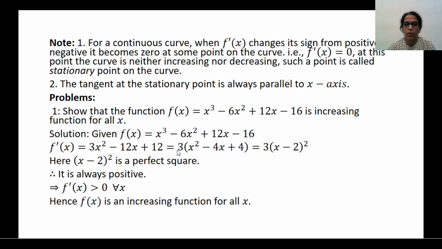Further simplify this, you can take 3 common, x square minus 4x plus 4. Now the terms inside the bracket can be written as x minus 2 whole square, by the a square minus 2ab plus b square formula. So now this x minus 2 whole square is a perfect square which is always positive. Therefore, f dash of x is always greater than 0 for all x. Hence, the function f of x is an increasing function for all x.